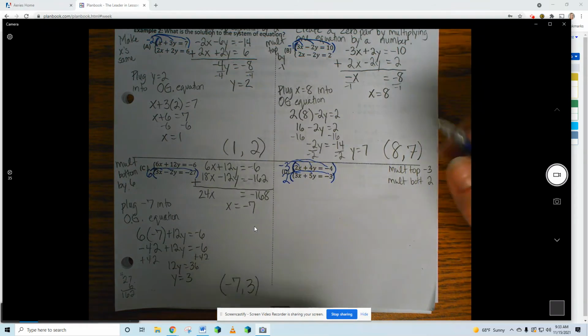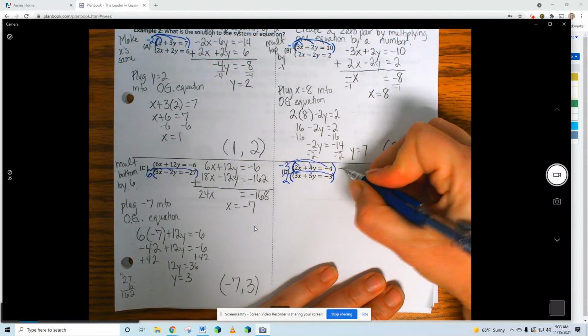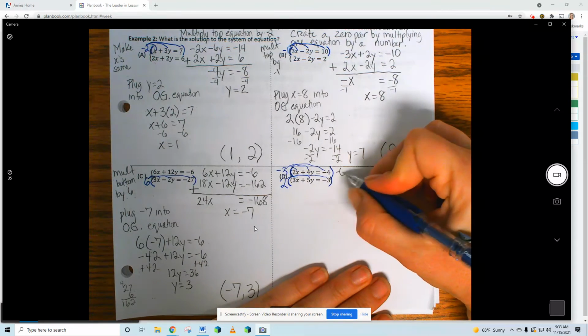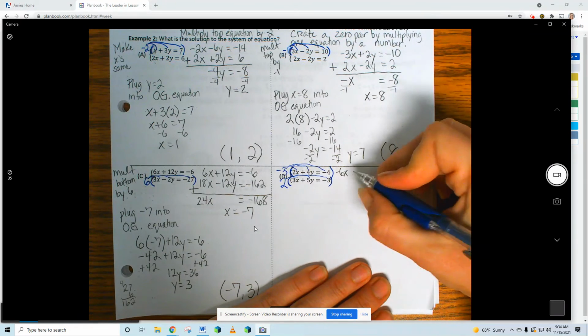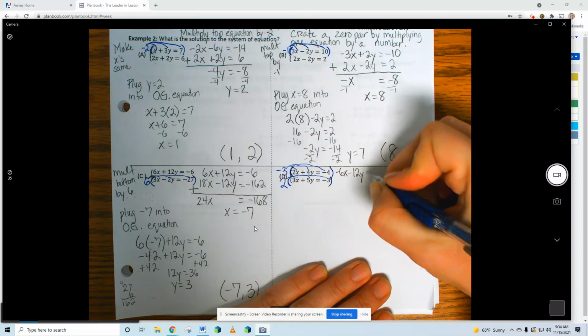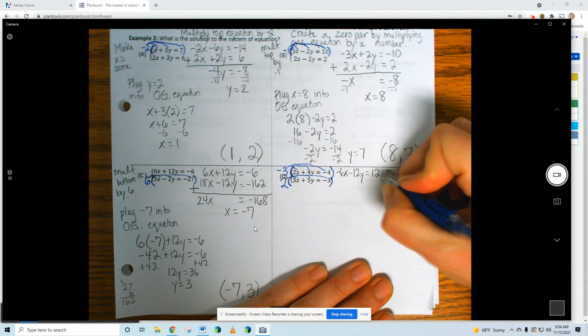Here's my 2 new equations. Go ahead and do them out. Negative 6x, and then negative 3 times 4, minus 12y, negative 3 times negative 4, positive 12.